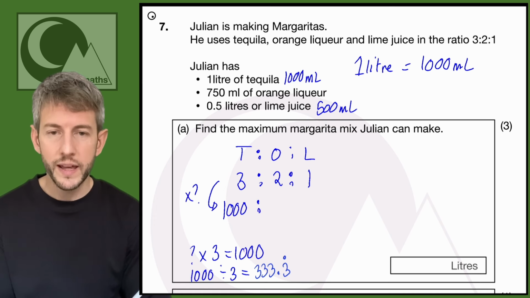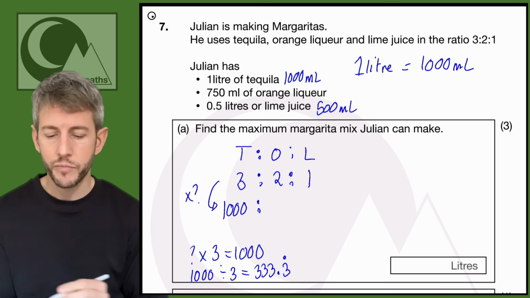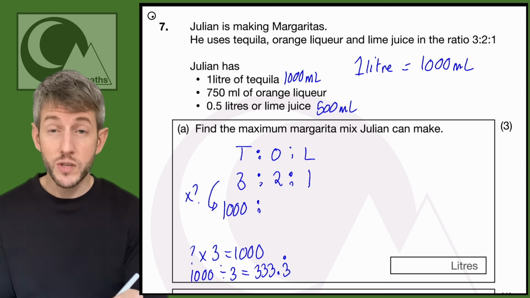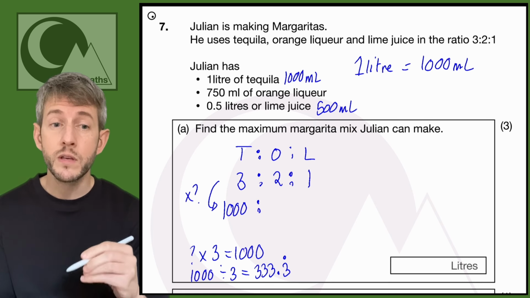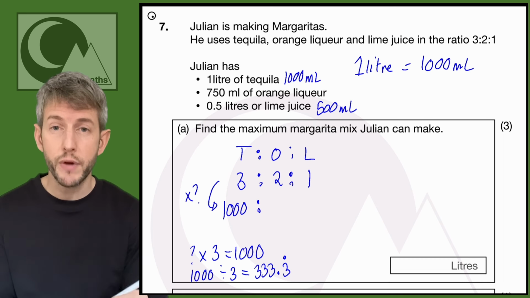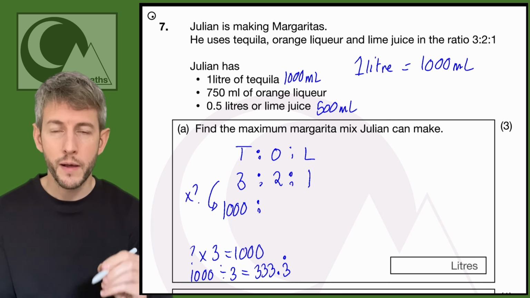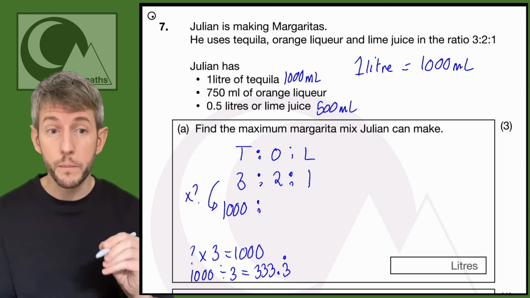This little dot means that those 3's go on forever. So to use up all of the tequila, we're going to use 333.3 recurring lots of the ratio, so I need to times the orange by that and the lime by that.